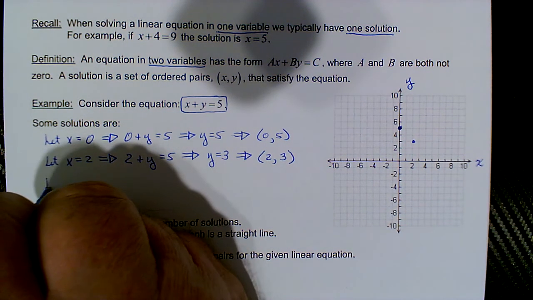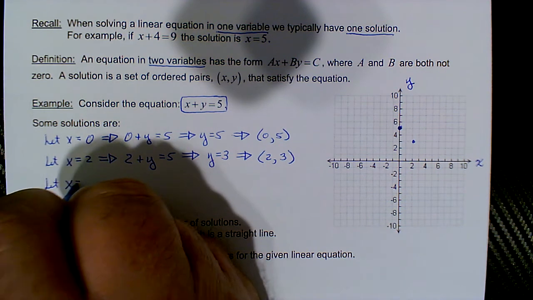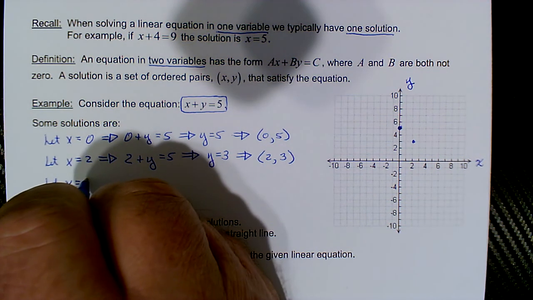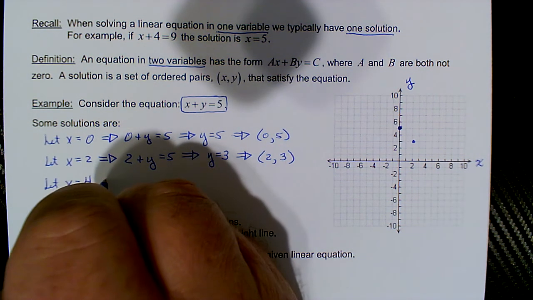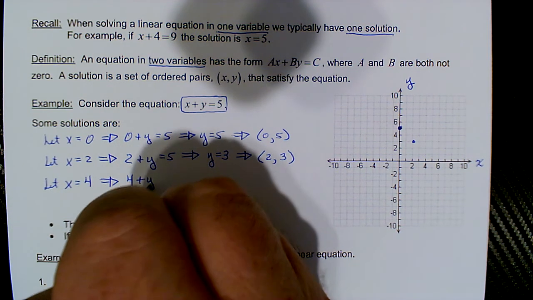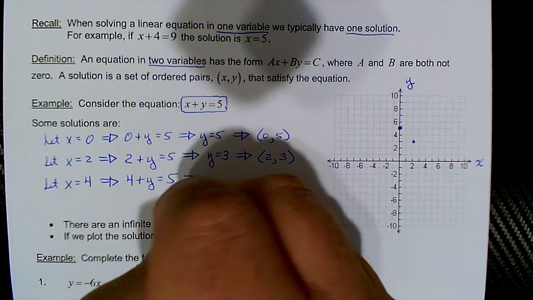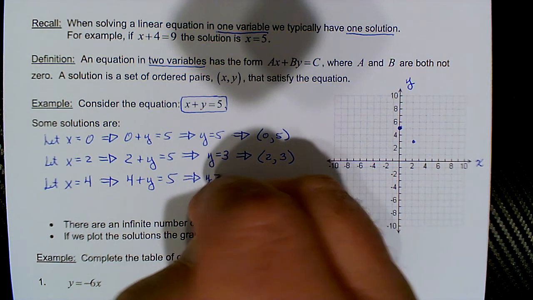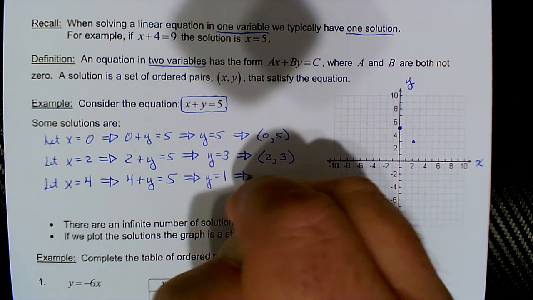And so we could generate more if we want. Let x equal, let's say 4. Then into the equation 4 plus y is 5, and then we get that y is 1.